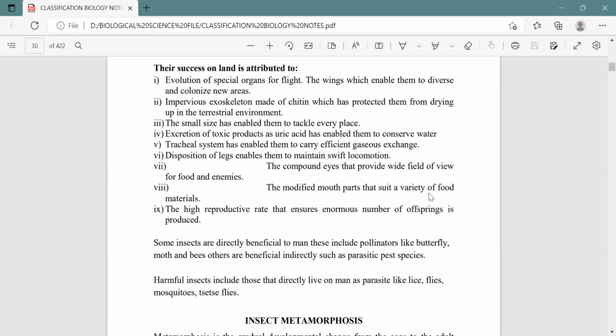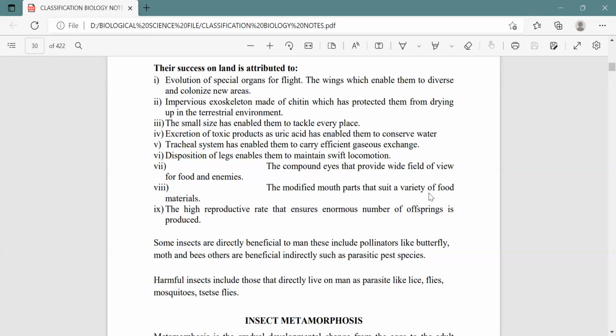So insects have been successful in colonizing the terrestrial environment by having a waterproof exoskeleton made up of chitin.